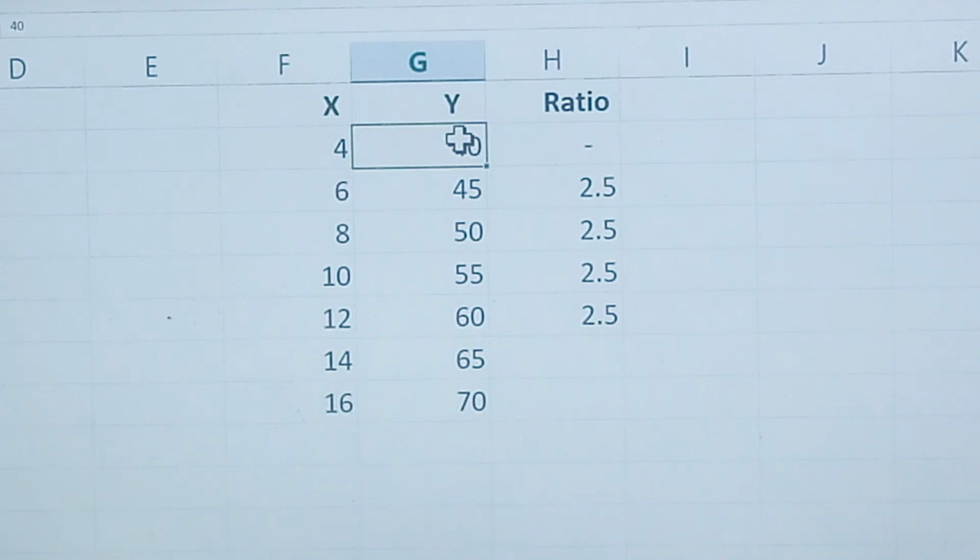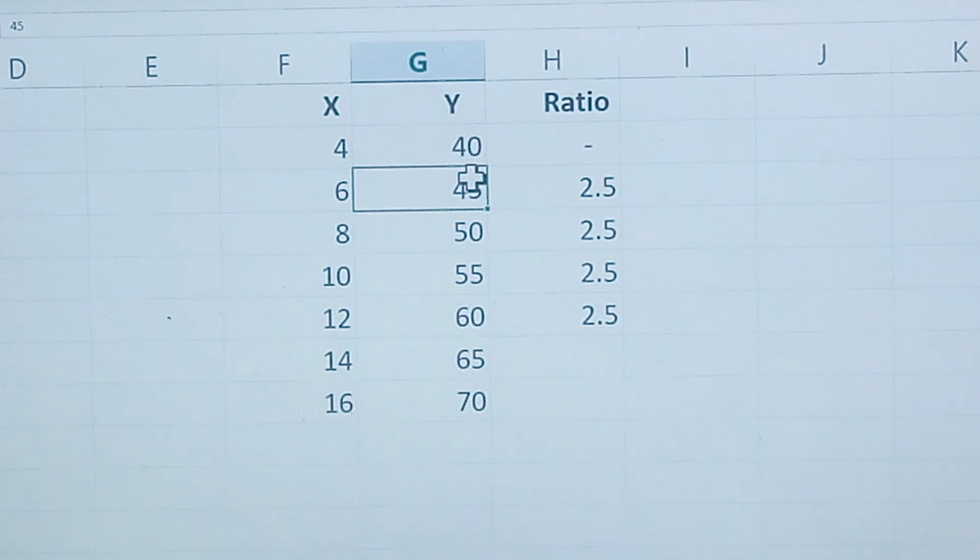If you look at y, there is an equal interval between the first, the second, and the third in that order. That is, the change from 40 to 45 is the same as the change from 45 to 50, the same as the change from 50 to 55. So there is a difference of 5 between each of these observations. Now, if we divide the change in y by the change in x for every data point, it's going to give us a constant ratio.